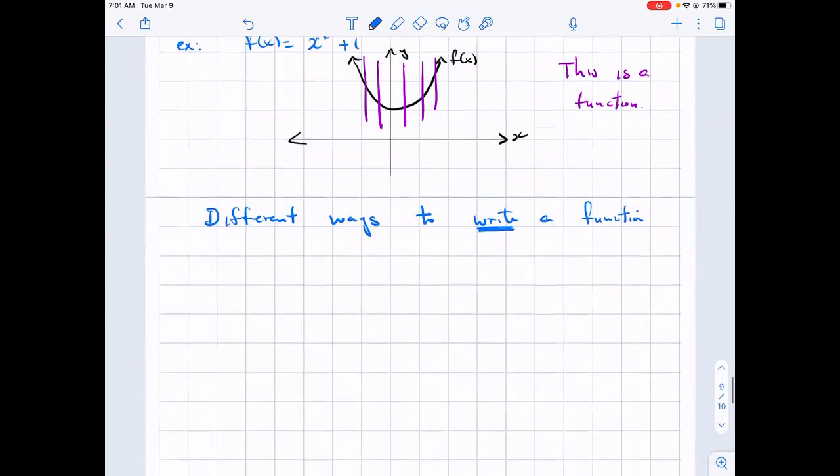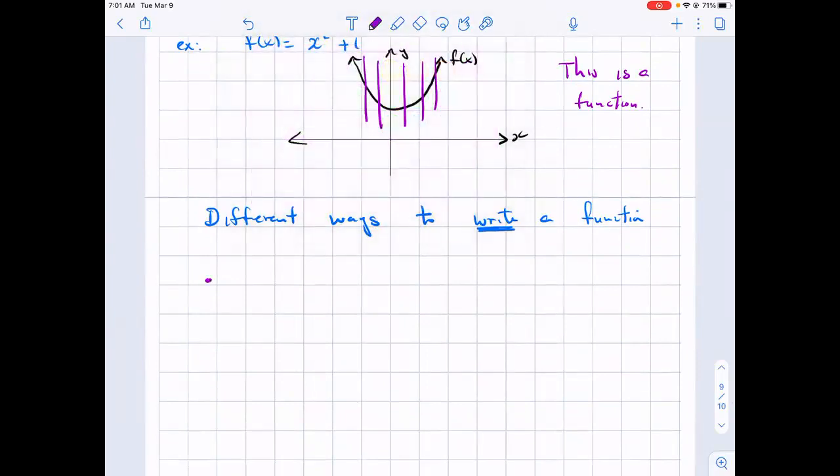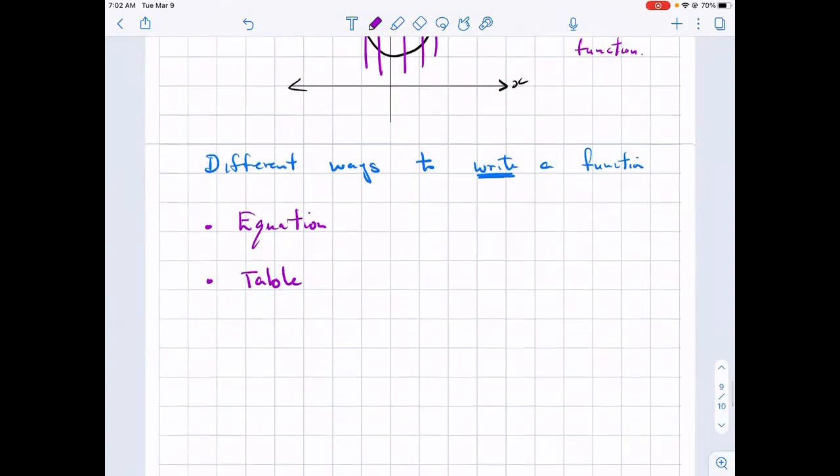So one way, it can be given in the form of an equation. Or two, it could be given in the form of a table. Or three, it could be given in the form of a graph. These are the three that we will look at.